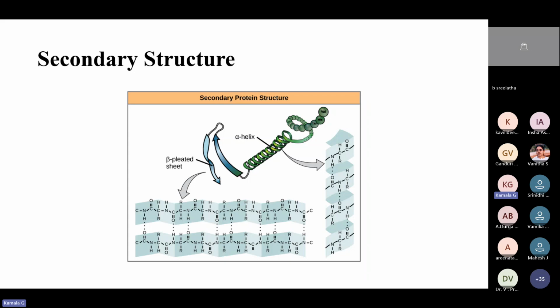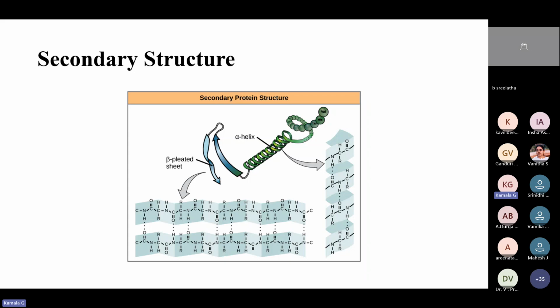Due to the presence of those particular amino acids, the protein is configured with the alpha helix or beta pleated sheets, beta bends, and beta turns. Secondary structure of proteins may have either alpha helix, beta pleated sheets, beta bends, or beta turns.